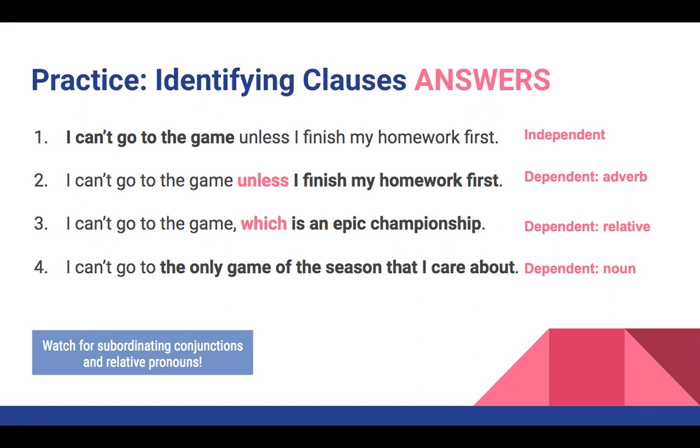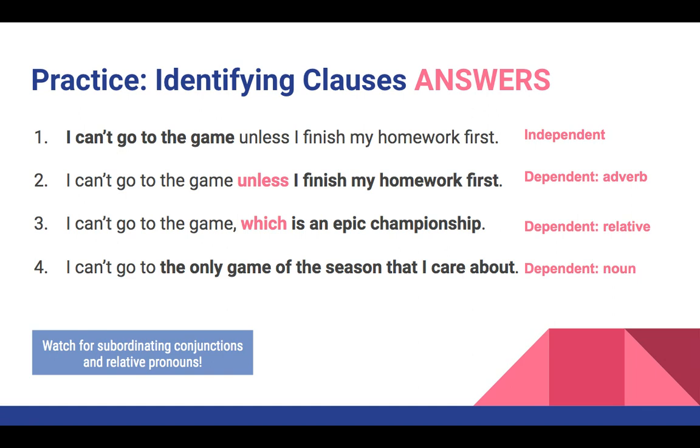Number 3, I can't go to the game, which is an epic championship. So we have the bolded, which is an epic championship. That's not a complete sentence by itself. If I pulled that out and put a period behind it, that's not complete. I still have questions. So therefore, that bolded part is a dependent clause. Now, what type of dependent clause is it?